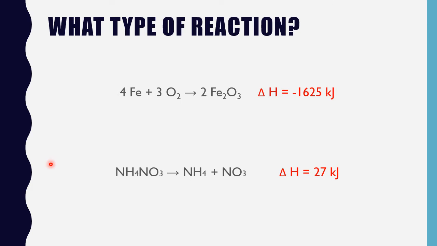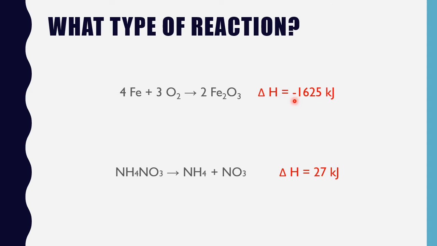Okay, so here I give you two examples. What type of reactions are they? In the first one, the top one, this chemical equation, we see that the delta H is actually a negative 1625 kilojoules. The delta H is negative. So because it's negative, what type of reaction are we looking at? Are we looking at endothermic reactions or exothermic reactions?